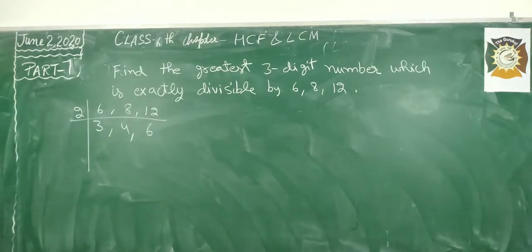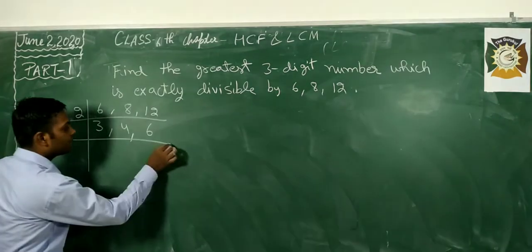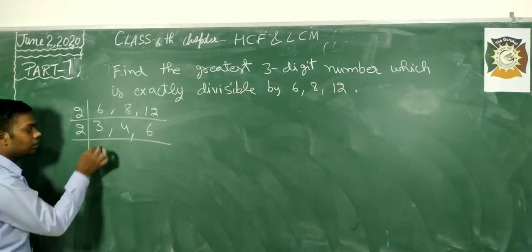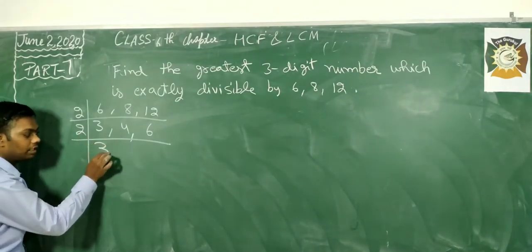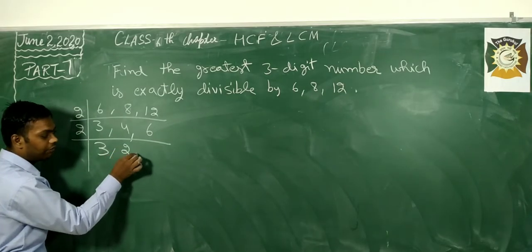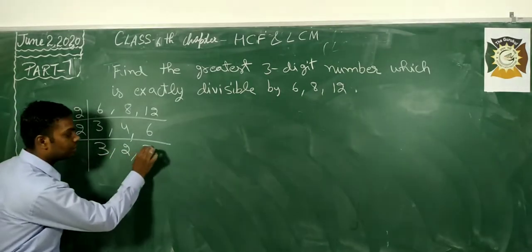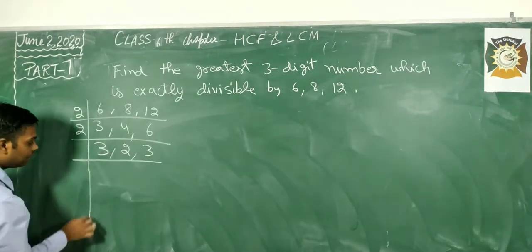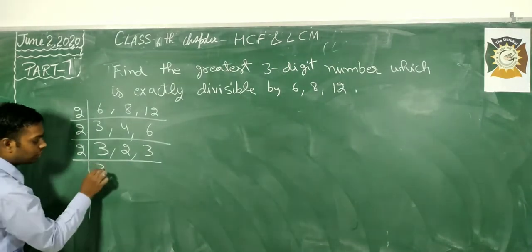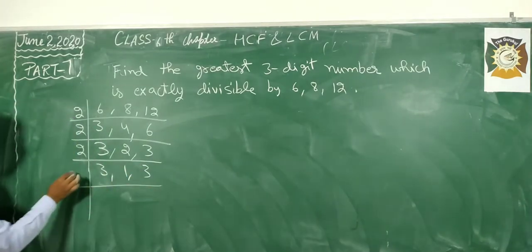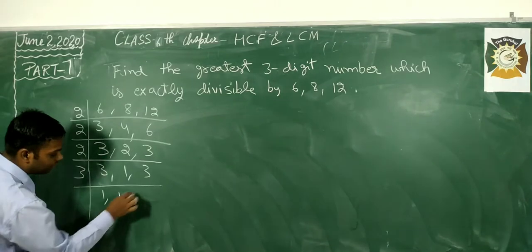We get 3, 4, 6. Divide again by 2: 3 is not divisible by 2, so we write 3 as it is, and we get 3, 2, 3. Again divide by 2: 3 as it is, 1 and 3. Divide by 3: 1, 1 and 1.